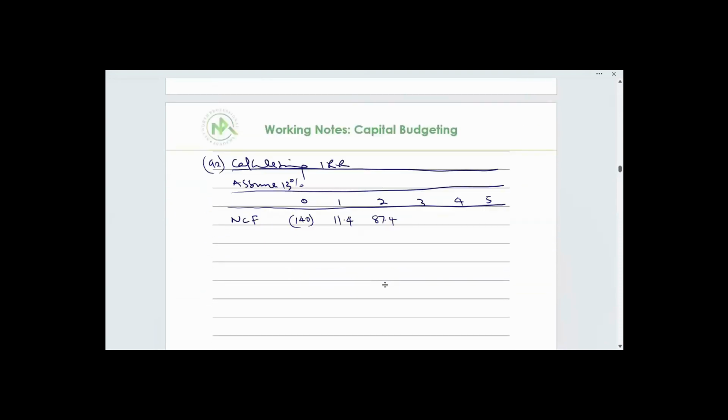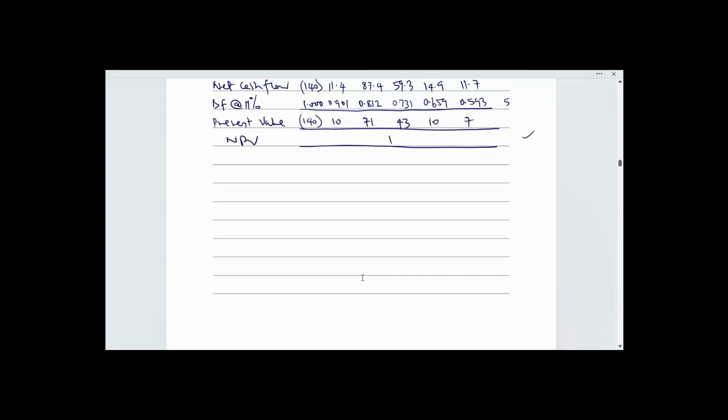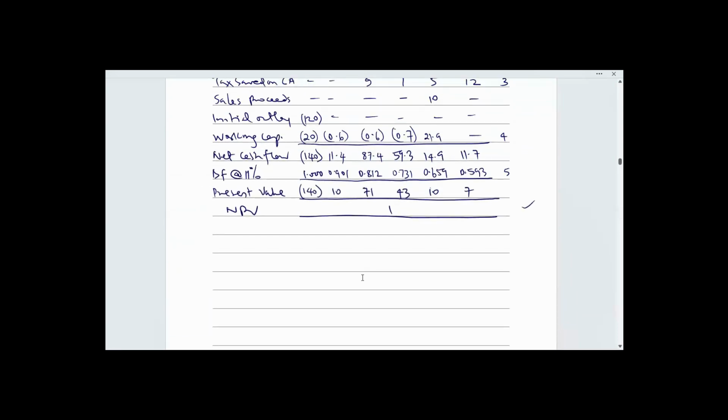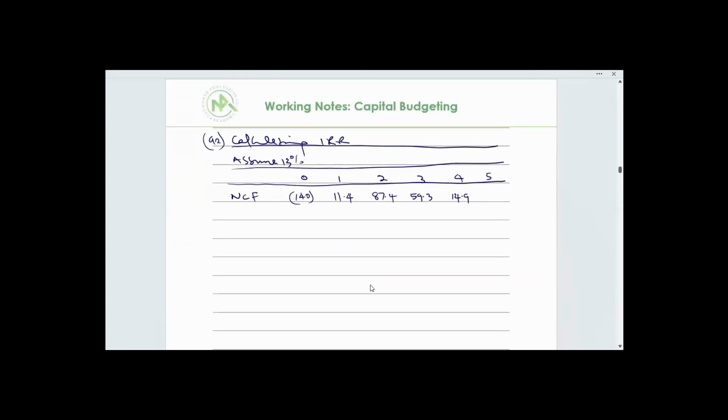Then year 3, 59.3. Year 4, 14.9. Then year 5 is 11.7. So my discount factor, we're assuming 13%.